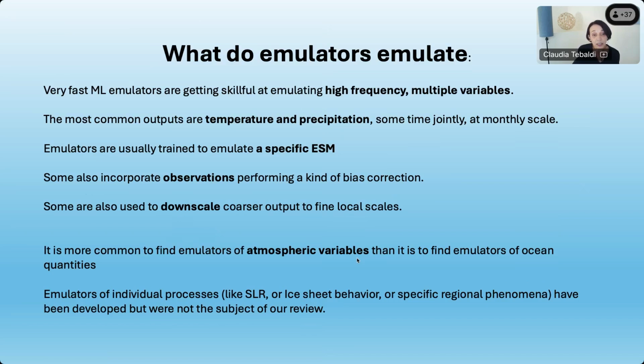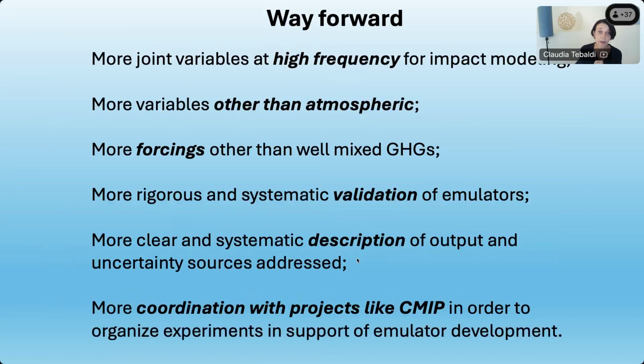It's true that emulators are still very much confined for the most part to atmospheric variables. We don't review emulators that are specifically developed for individual processes, and the most common example of that are emulators for sea level rise or ice sheet behavior.